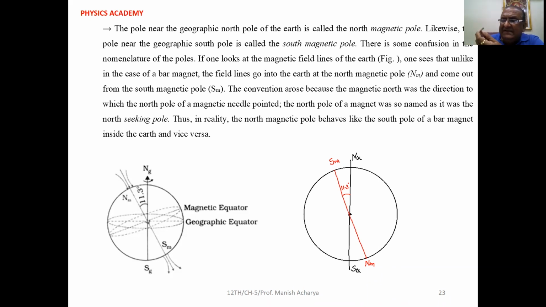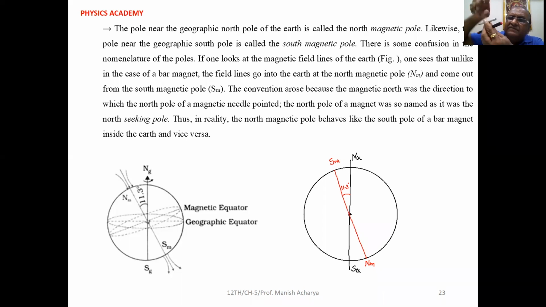Now we know that unlike poles attract each other. So if we imagine the Earth as a magnet, and above it a bar magnet is there, and this is the north pole of the bar magnet, it implies that this should be what? The south pole of the Earth, because north and south attract each other.